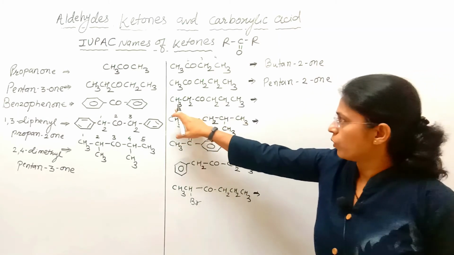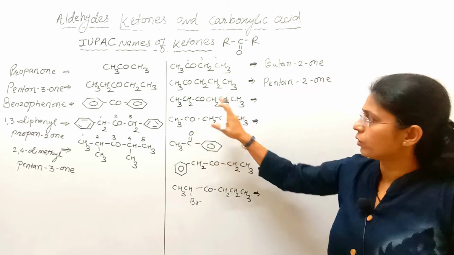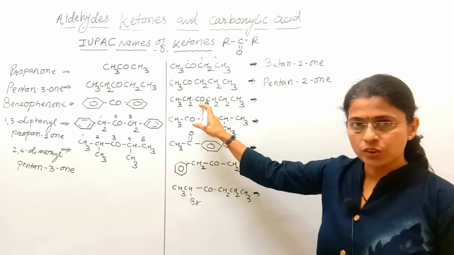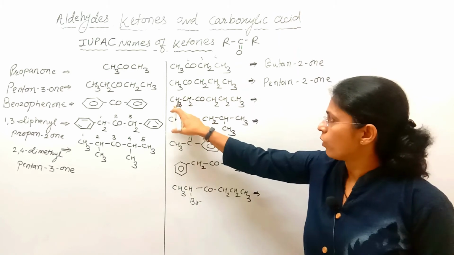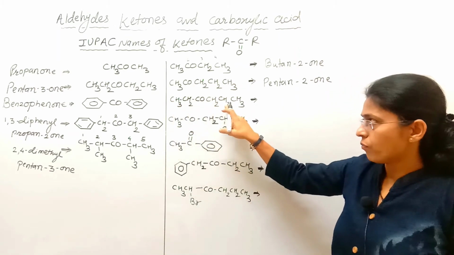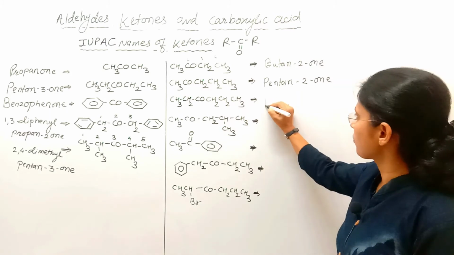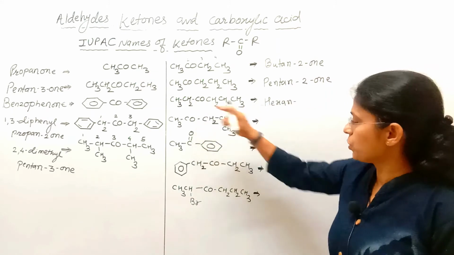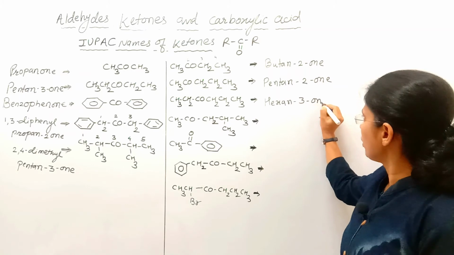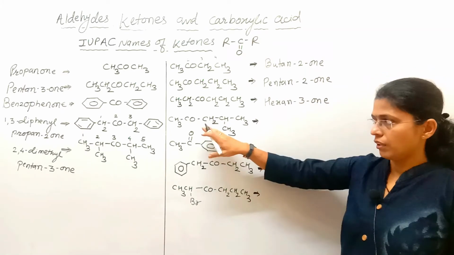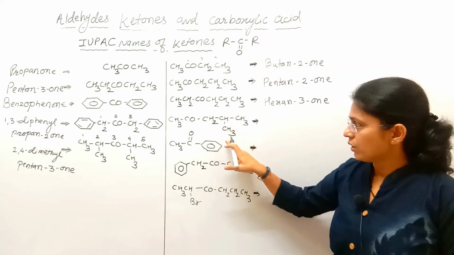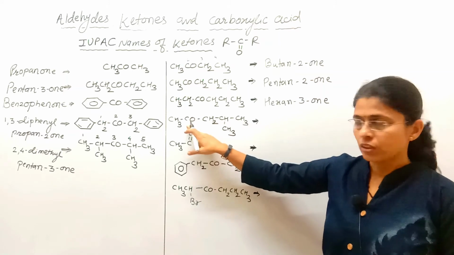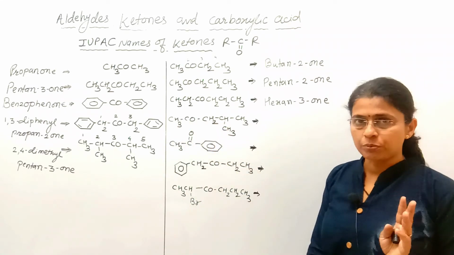See here. 1, 2, 3. From this side CO is at third position. 1, 2, 3, 4. From this side it is at fourth position. So we must number from this side: 1, 2, 3, 4, 5, 6. Hence the parent alkane is hexane. E replaced by ONE. Position 3. Hexane 3 ONE. See this compound. It has a substituent. From this side CO is at fourth position, from this side at second position.